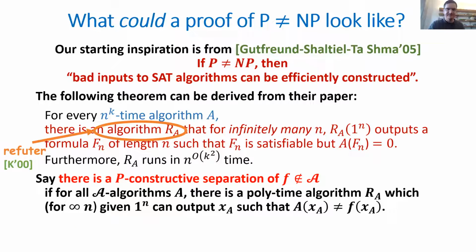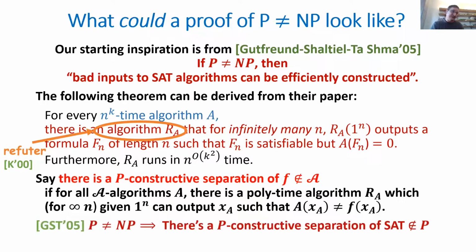Then restating the theorem of GST, we get that if P is different from NP, there is a P-constructive separation that SAT is not in P. So in other words, SAT is not in P if and only if there's a P-constructive separation that SAT is not in P. So P-constructivity is inherent in a proof of P different from NP.